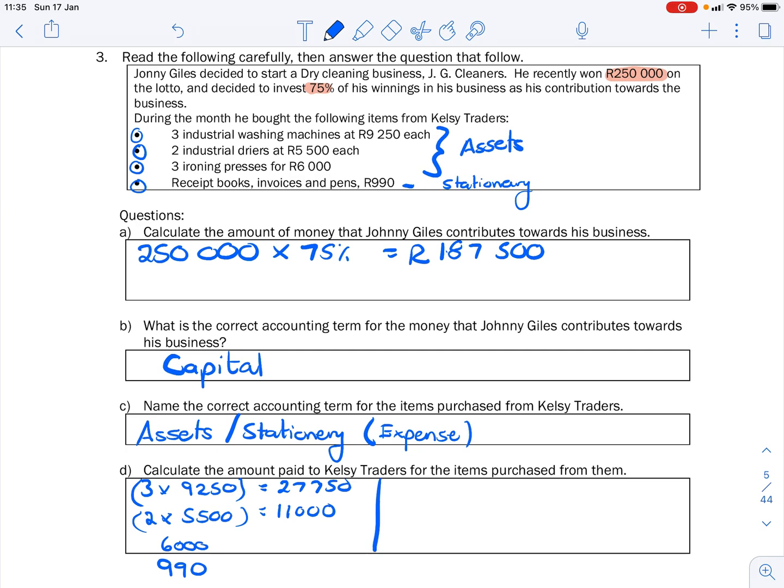So 27,750 plus 11,000 plus 6,000 plus 990 should equal 45,740 Rand. Guys, that is us done and dusted for today's memo.